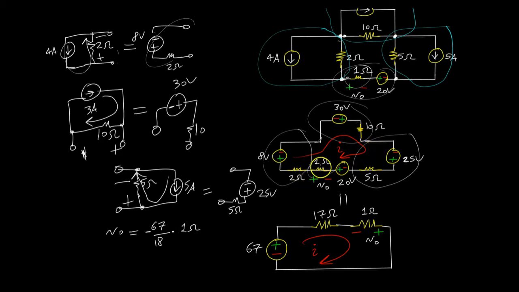So looking here, I start at the -30 and go up. I'm only looking at voltage sources. I see -30, -25, -20 plus 8. So I think to myself, okay, that's -30 minus 25 minus 20 plus 8, and that gives me -67.